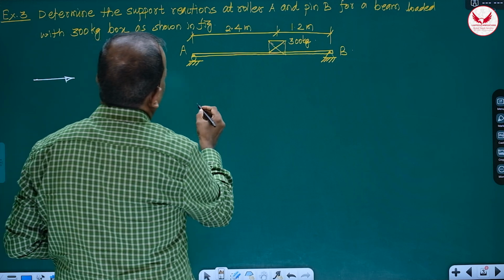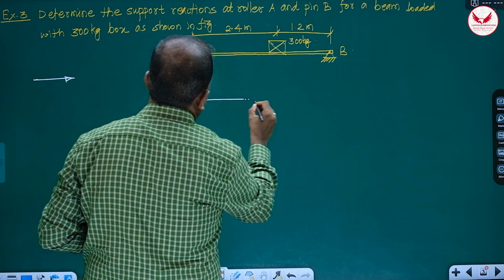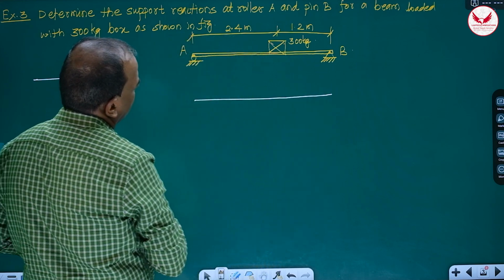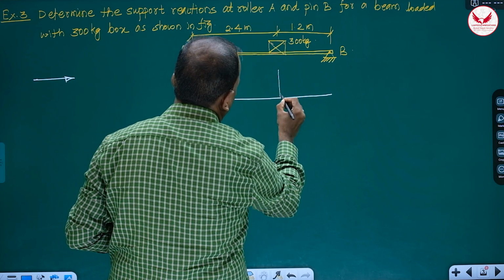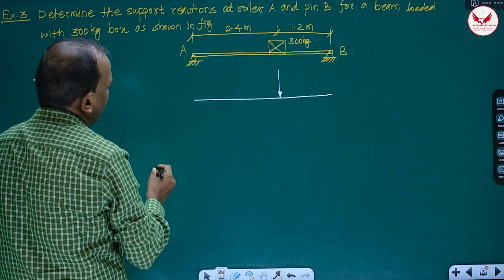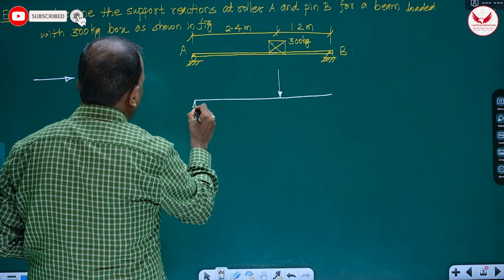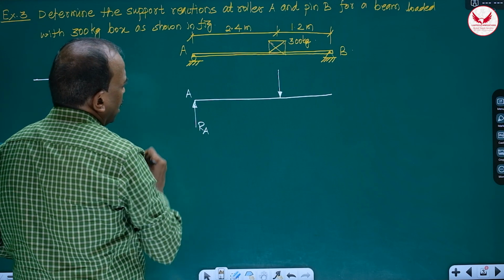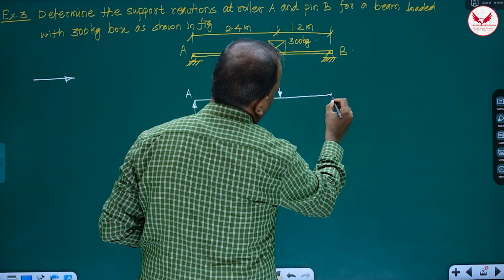Whatever the length of the beam is, you draw it as it is. Whatever this 3.6 is, and at a distance of 1.2 from this, it is the load. The weight we have to show like this, as a point load. And if a roller support is there, single reaction component and it is RA. This is A. And at B there is a pin or hinge support.